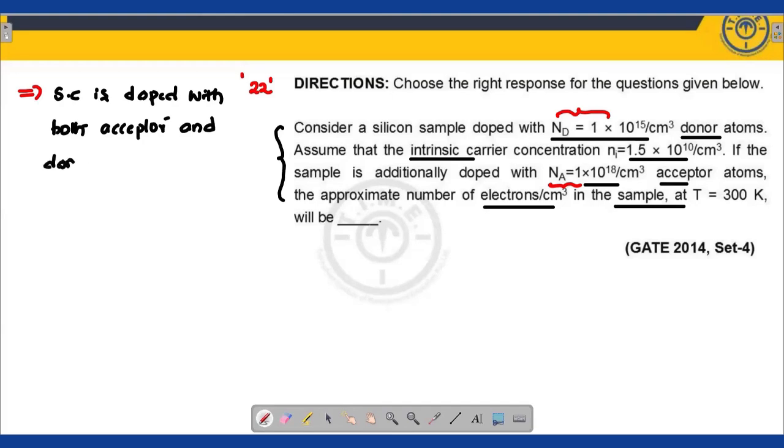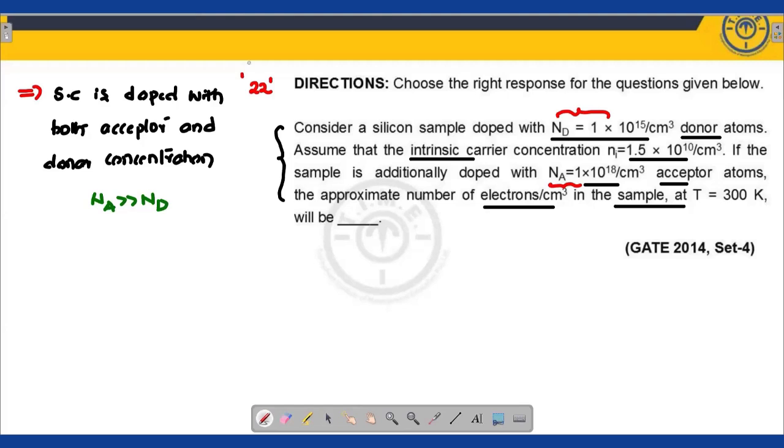Doped with what? Both the acceptor and donor concentration. We have taken the Na value and the Nd value. Here the Na value is much greater than Nd. This is the general parameter he has given.